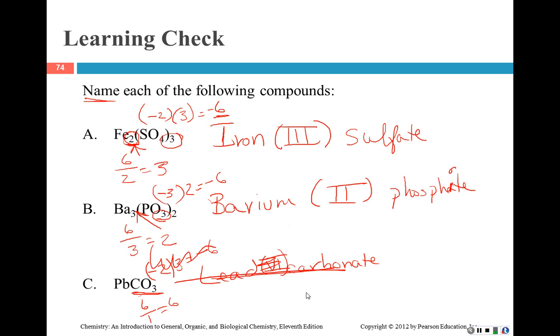Instead of looking at the polyatomic. The polyatomic is what? -2. How many of those did I have? 1. So lead would be a +2 because the whole carbonate is a -2. So it's lead(II) carbonate.